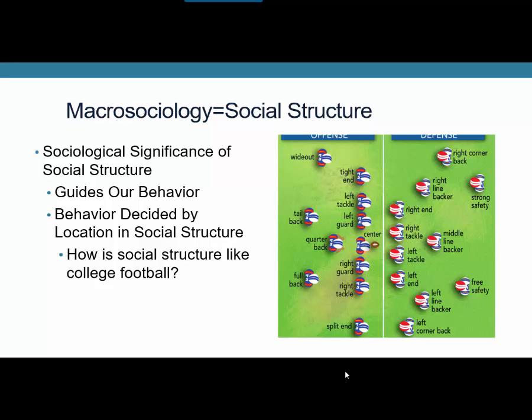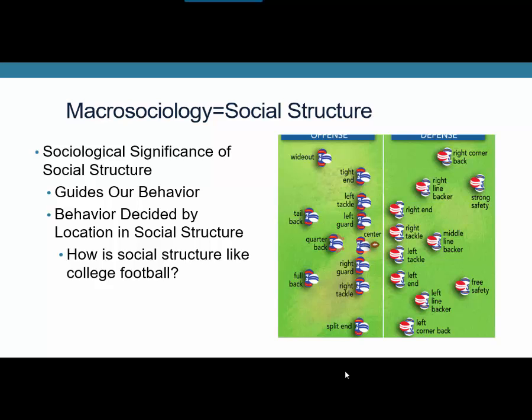So, for the rest of this presentation, we're going to be focusing specifically on macrosociology, and that is social structure. Our society has a framework, and that framework is significant because it helps guide our behavior.